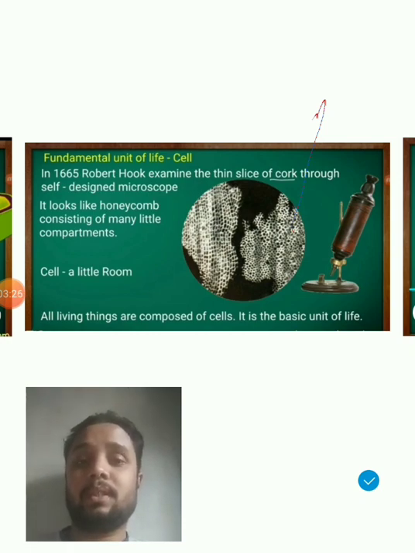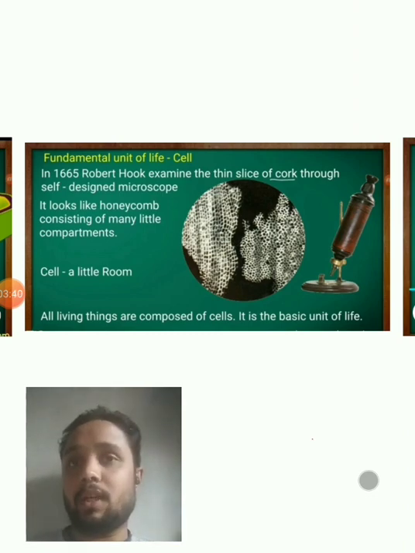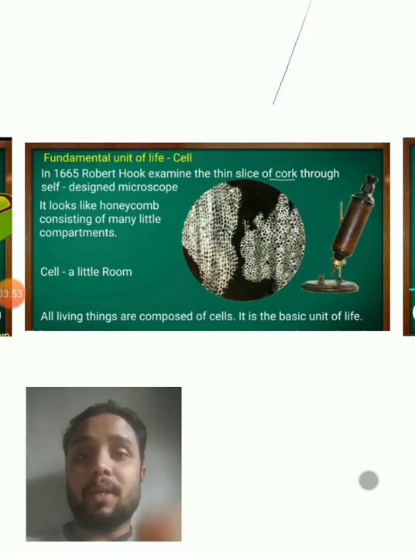You see there is a picture drawn there. It's a self-designed microscope, and in the microscope there is an eyepiece. Through the eyepiece you can see the cell. How? As I just said, a slice of onion is kept on a slide, and the slide is put under the microscope.